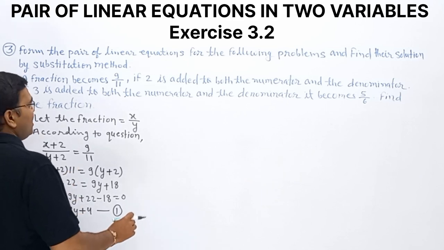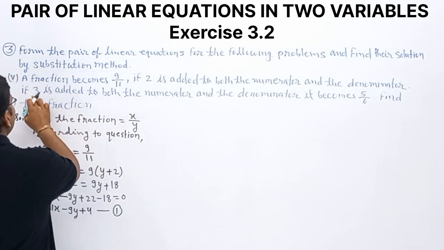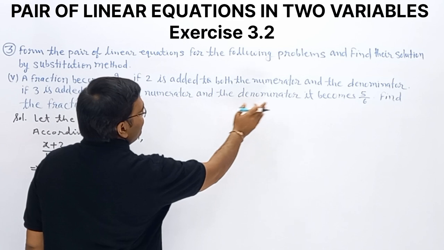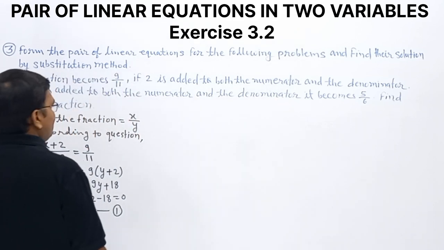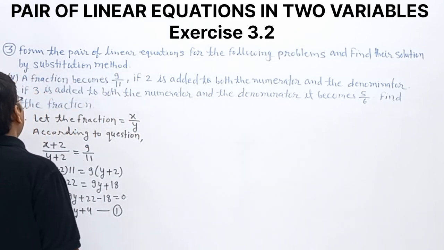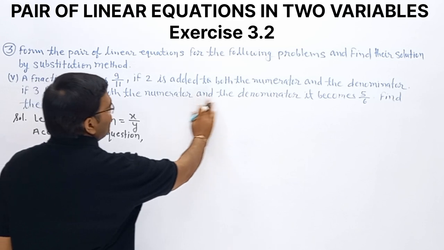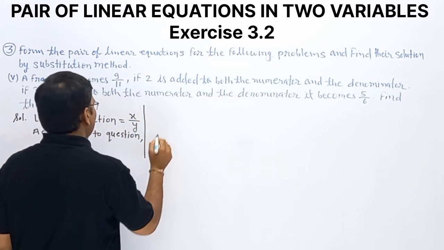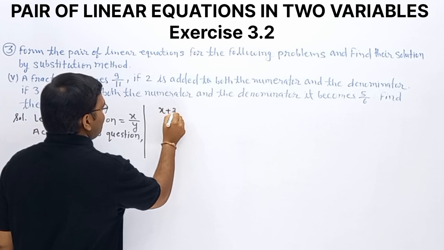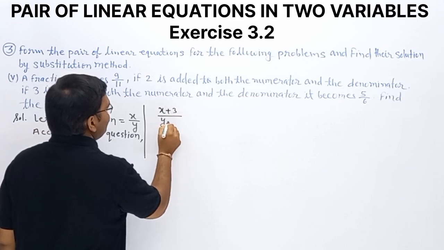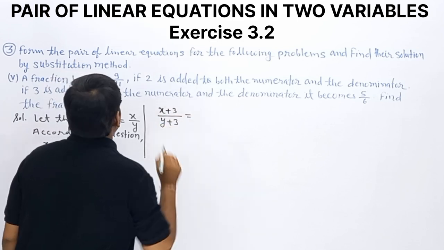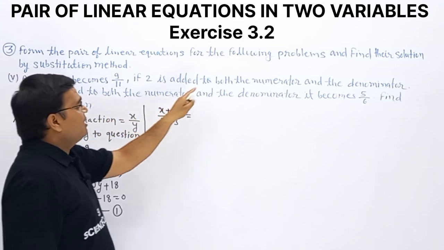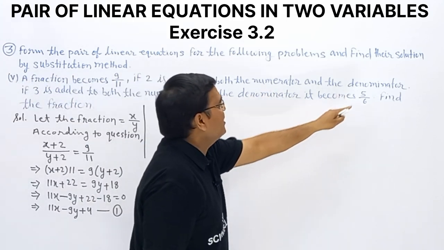Now the next sentence: if 3 is added to both the numerator and denominator, it becomes 5 upon 6. Now we will add 3: (x plus 3) divided by (y plus 3), and the fraction becomes 5 by 6.